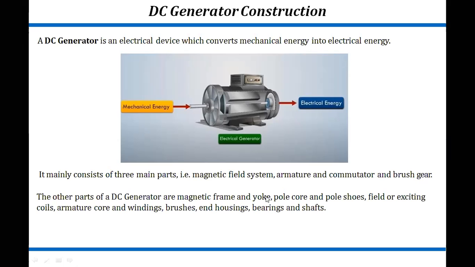After that, there are a number of poles, on which we put the field winding. Then there are pole shoes, field winding or field coil, armature winding or armature core, brushes which are put on the commutator, bearing and the shaft. We will see them one by one.